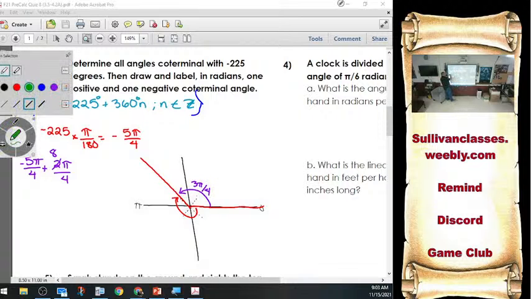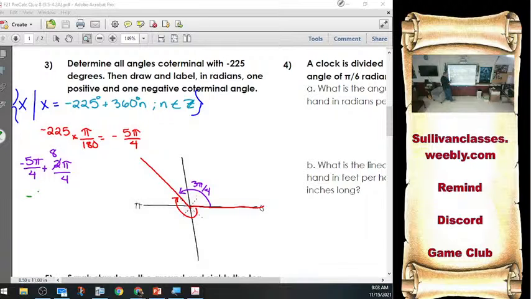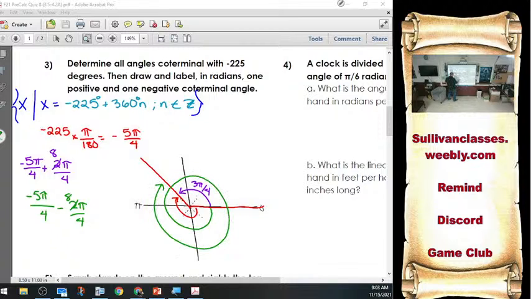If I want the negative coterminal angle, negative 5 pi over 4, subtract another 2 pi, which is 8 pi over 4. It's a negative 13 pi over 4. You get to your angle and then continue another revolution.